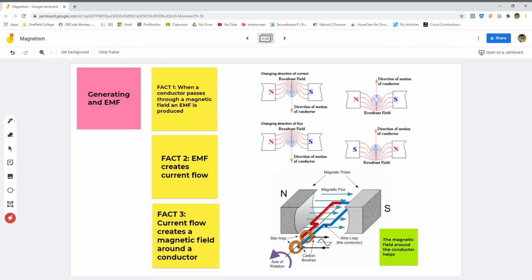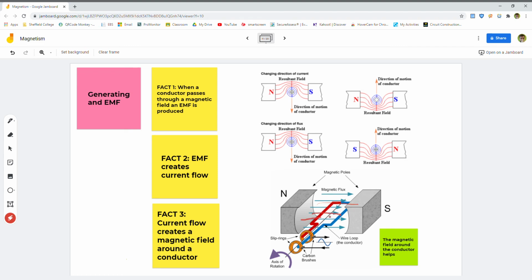So as this is spinning around, it's creating current flow inside, which in turn creates a magnetic field around the conductors. That magnetic field is now interacting with this magnetic field, and as you can see here, it starts to push and pull, attract and repel.